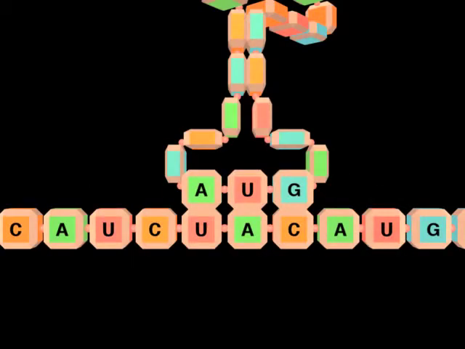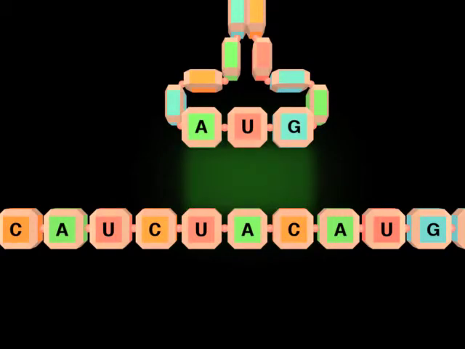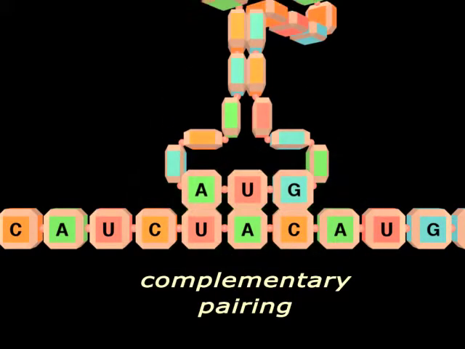So you can now see why this 3-nucleotide segment of mRNA binds so well to this 3-nucleotide segment of tRNA. Each nucleotide pairing between them is chemically attractive, or complementary: A's complementing U's, and G's complementing C's.